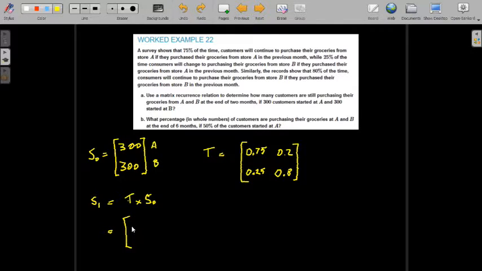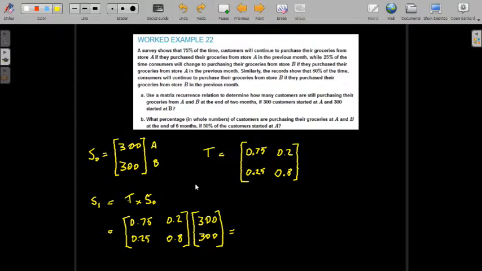So our transition as we worked out over here, and our S0 is the initial state. Okay, and so we just have that multiplication to do.